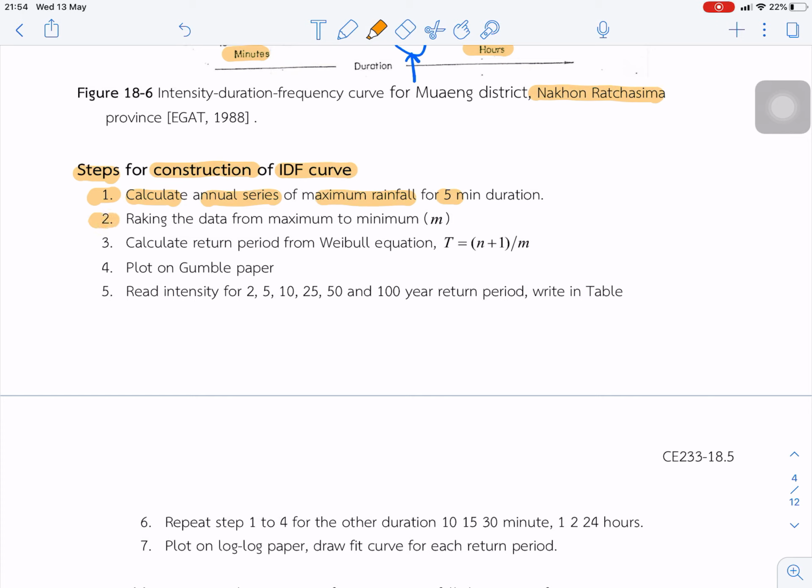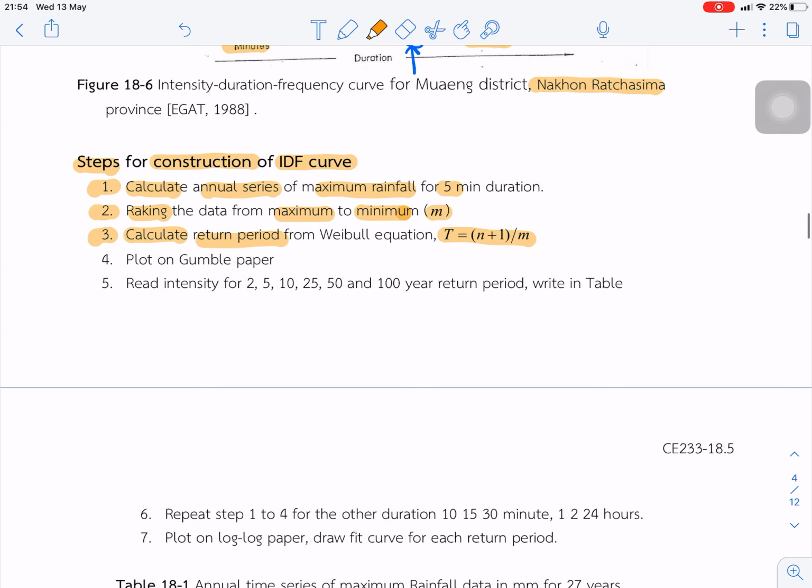Second, rank the data from maximum to minimum and assign the ranking number. Third, calculate the return period from this equation. This equation is what we learned from the previous lecture: T is equal to the sample size plus 1, divided by the ranking. Okay, from the previous lecture.